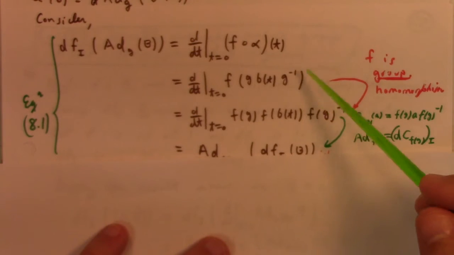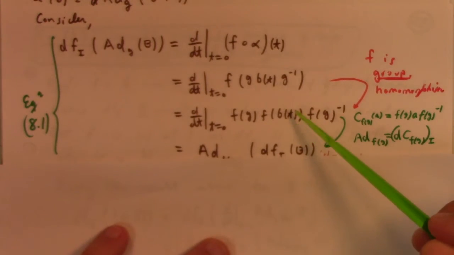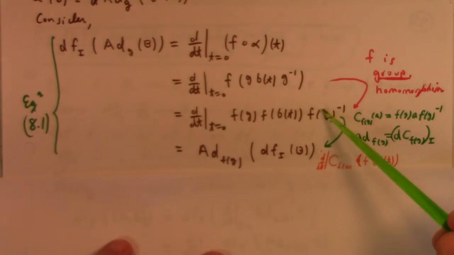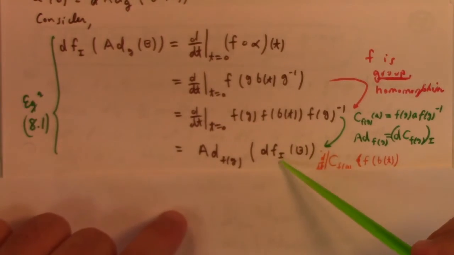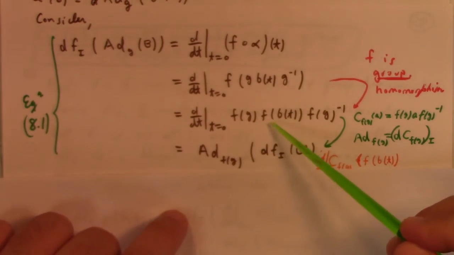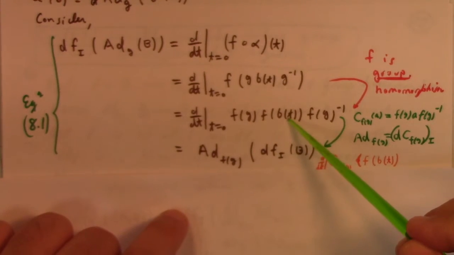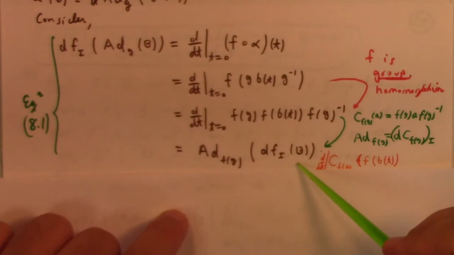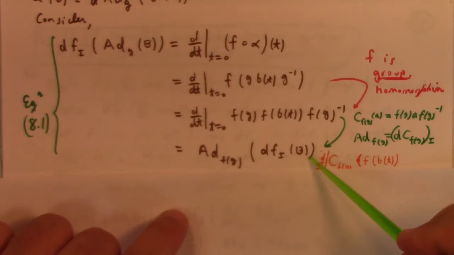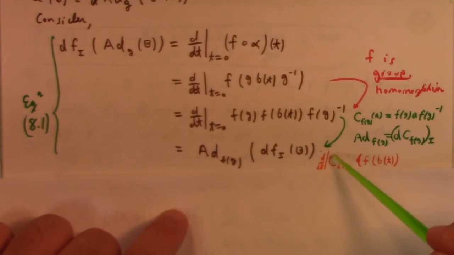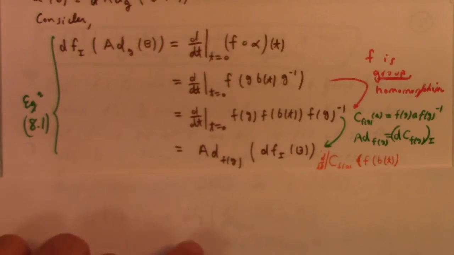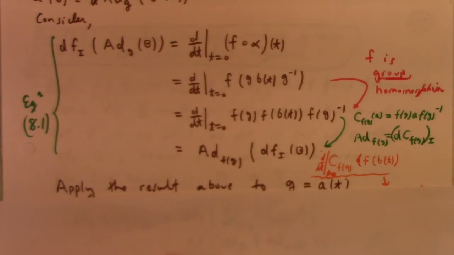Well, the only time dependence you've got is in the middle term, right? So you can just factor those out, and then in the middle you have the derivative of this piece, which gives you the differential df_I of B, and then you're looking at the adjoint of f of g, like that. All right? And so what? Well, that's equation 8.1 in TAP.